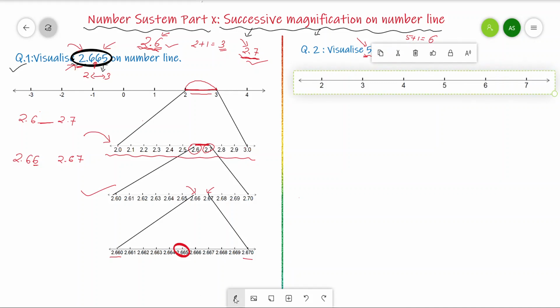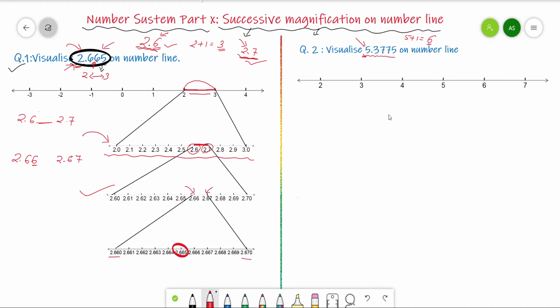So this is the number line. So now you can find the number 5 and number 6 on the number line. So here we have 5, here we have 6.